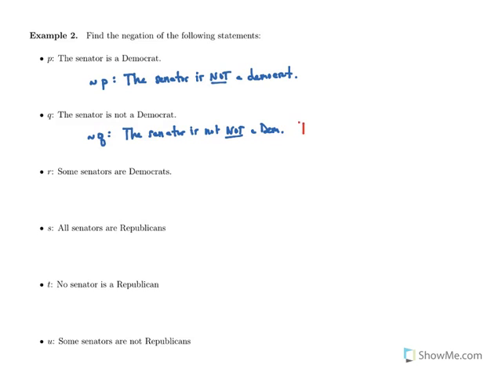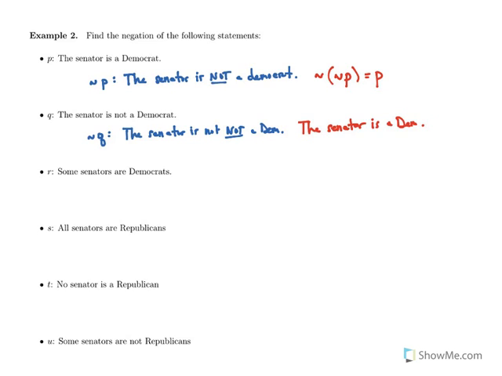We're going to say instead that the opposite of this is the senator is a Democrat. And that's really the logical idea that if you have not P, that's the same as P. And we'll talk about these kind of things as we go on in the next video.